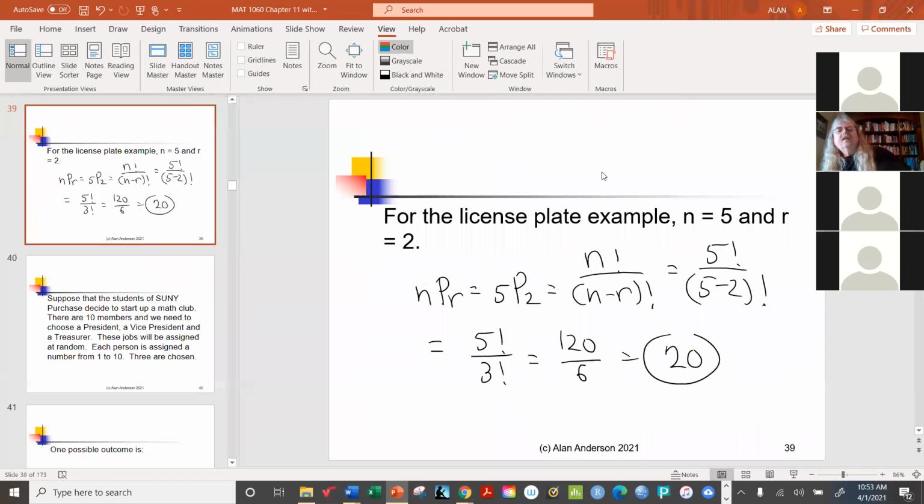Here we go. So in the license plate example, N is 5 because we had 5 letters to choose from, and R is 2. And so when you plug in those numbers into this formula, you'll see that it does indeed give us 20. Okay, so just for the practice, why don't you plug those numbers into your calculator and make sure you're getting the same thing.